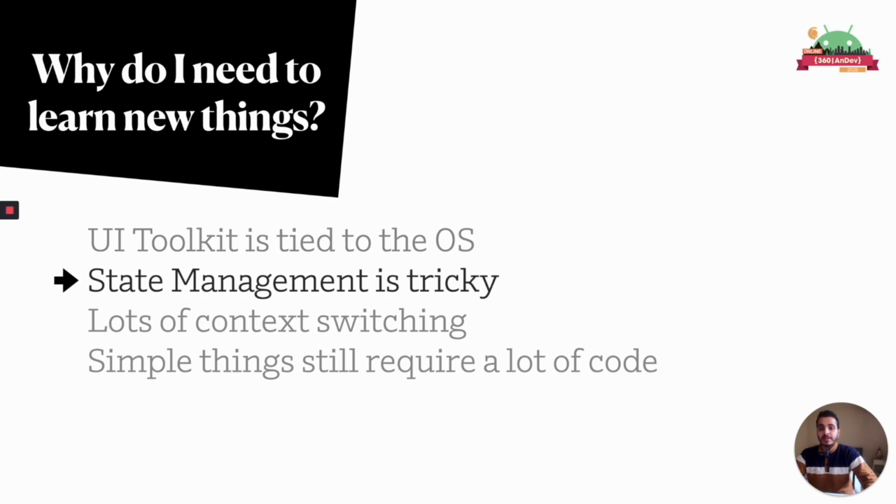State management is, in fact, very tricky. The way we manage UI state has always been this complicated dance that we have to do as views store their own state. And we need to make sure that the state that we store in our view models and presenters is in sync with the state inside the views. For example, if my business logic requires me to hide a view, that logic is probably stored in some view model or presenter.